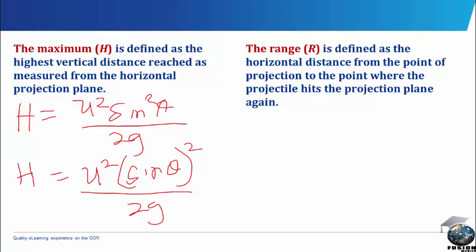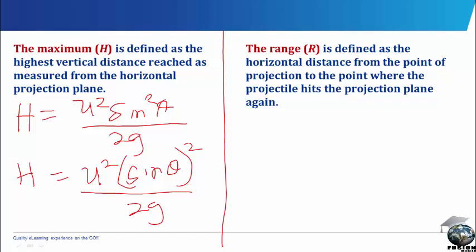While the range is defined as the horizontal distance from the point of projection to the point where the projectile hits the projection plane again. That means after the projectile has moved from the point of projection to the point of landing, the horizontal distance measured is what we call the range.